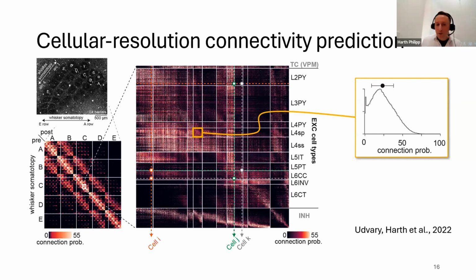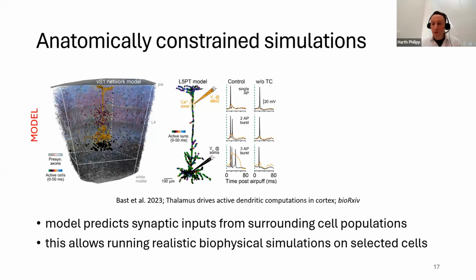But having access to these connection probabilities is also relevant for another reason, because as said, we also want to simulate neural activity. And what we can do now is to take one given cell that we want to model in detail. Here we say layer 5 pyramidal tract neuron dendrite, place it into this dense model, and based on the connectivity predictions, we get anatomically constrained data of which synapses are likely formed by the surrounding cell populations.